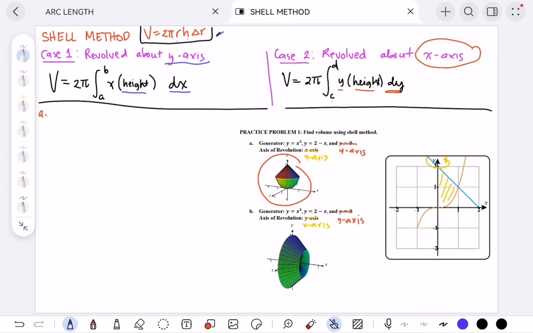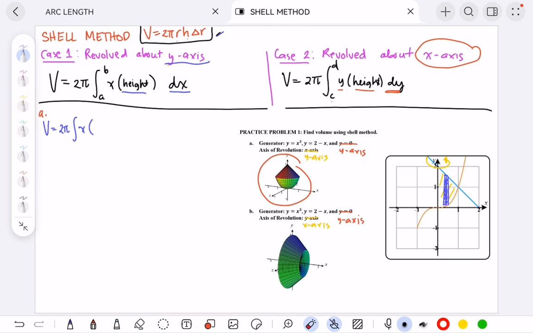If that is the case, our rectangles must be vertical, since we will be revolving it with respect to the y-axis. So the volume is 2 pi integral of x times this height here, which is the line minus this curve.